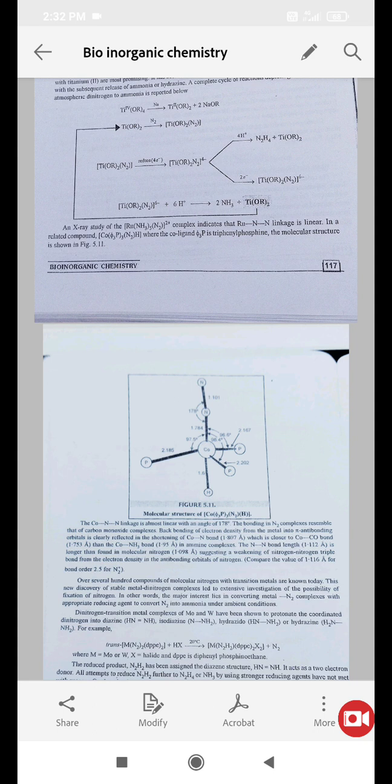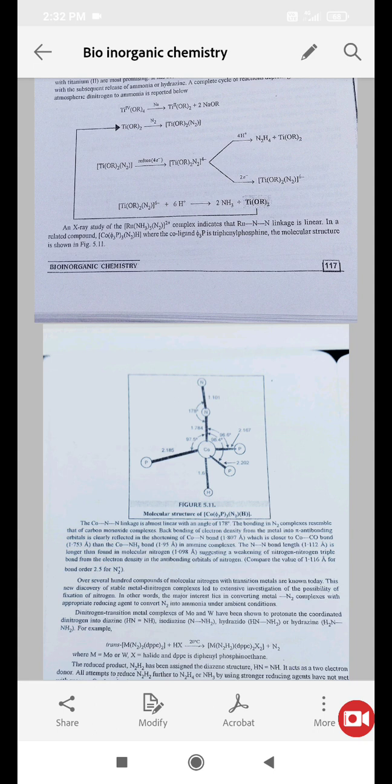Dinitrogen transition metal complexes of Mo and W have been shown to protonate the coordinated dinitrogen to diazene, isodiazene, hydrido and hydrazine. For example, where M is Mo and W, X is halide and DP is diphenylphosphinoethane.